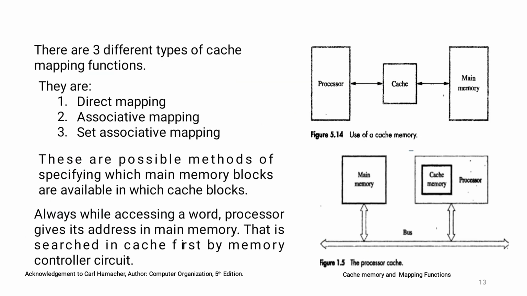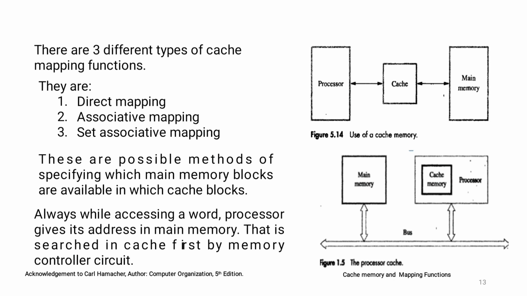The technique of finding which line of cache a block of main memory is copied into is the mapping function. There are three different kinds of cache mapping functions: the first is direct mapping, the second is associative mapping, and the third is set-associative mapping.